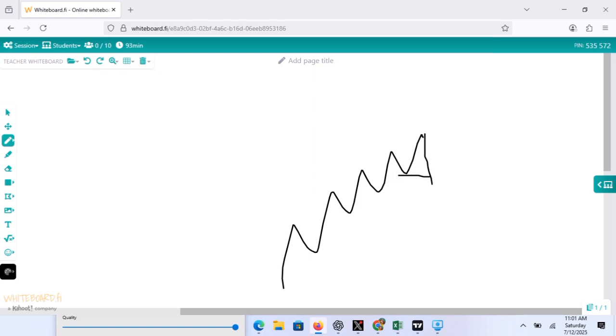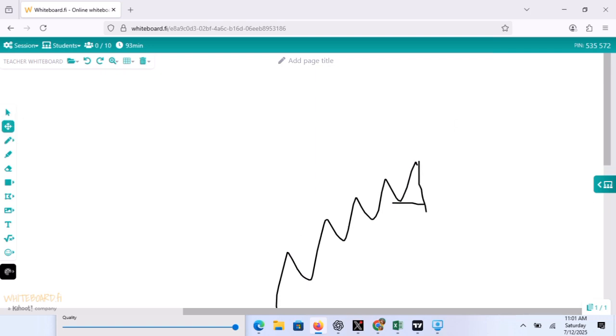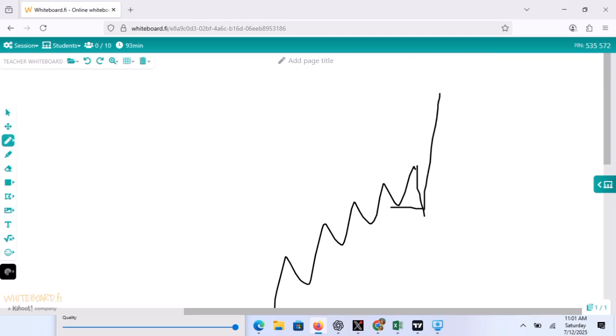And during the Asian section, it later broke up again. What you do is that, and the Asian ends up, right? What you do is that we look for SMT, like I showed you, and sell from there.